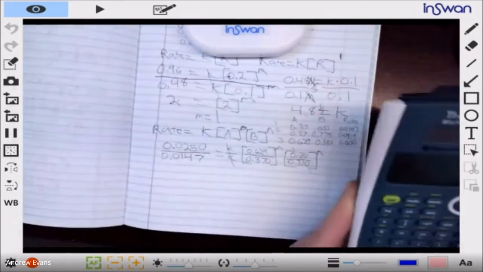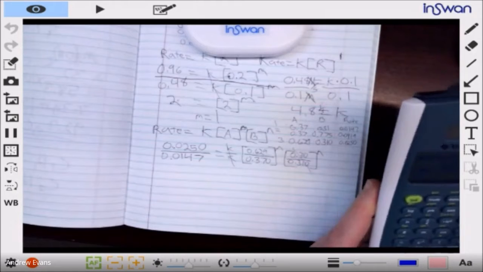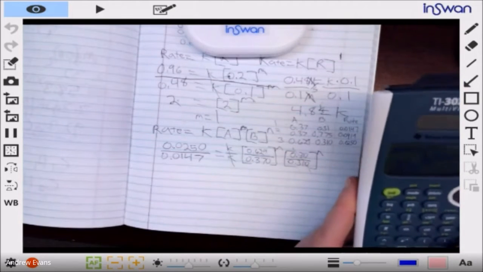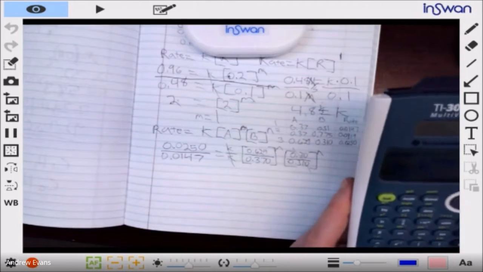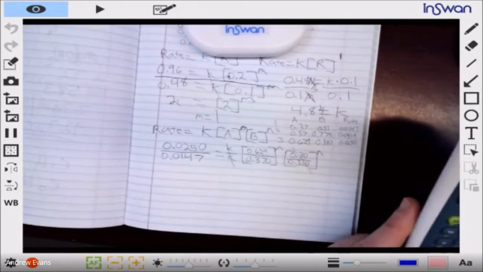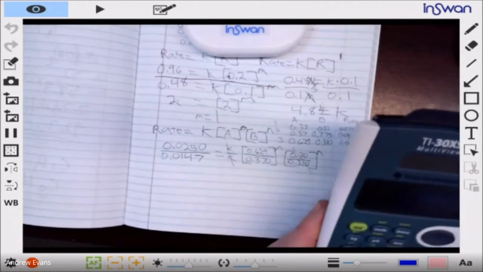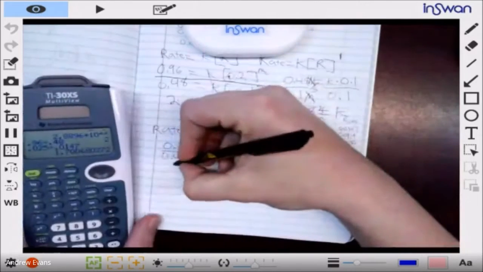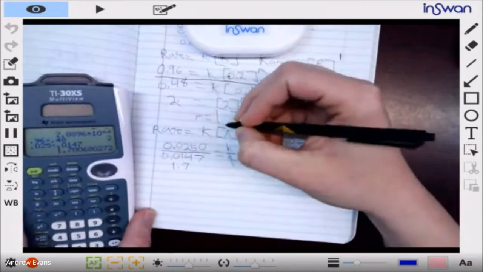So we're looking at how does the rate change when the concentration changes. The rate change is 1.7.